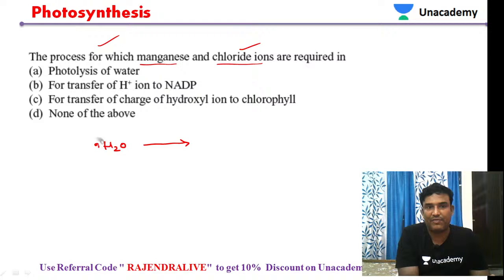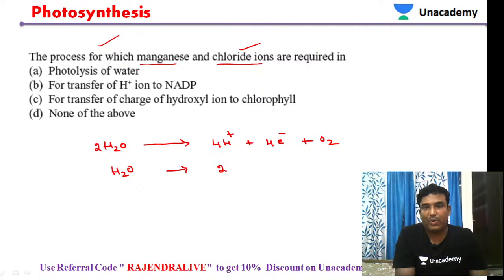Just now discussing the photolysis of water, what happens? Water undergoes lysis to produce protons, electrons and oxygen. When two molecules of water undergo photolysis, it produces 4 protons. For a single water molecule, it will be 2 protons plus 2 electrons plus half O2.